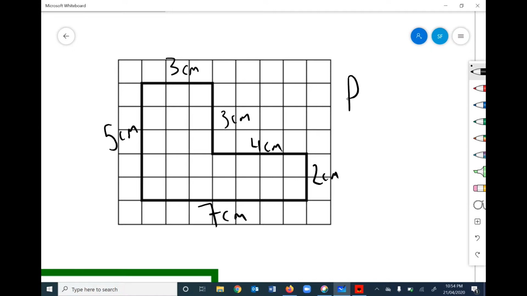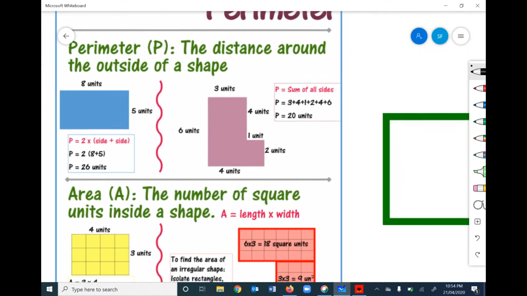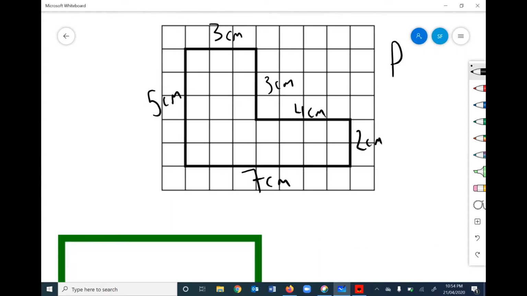So our perimeter is the distance around the outside of the shape. What normally happens is that you work out the sum of all sides. Now I'm going to put this one and this one together, so that's our 5 centimeters.